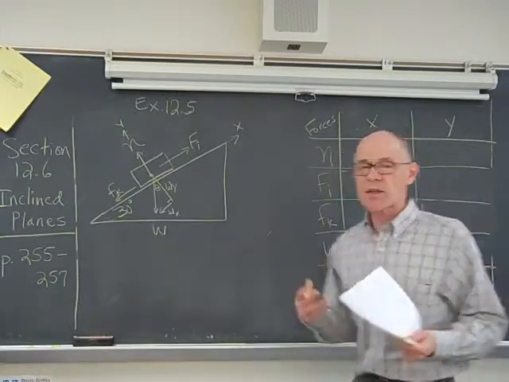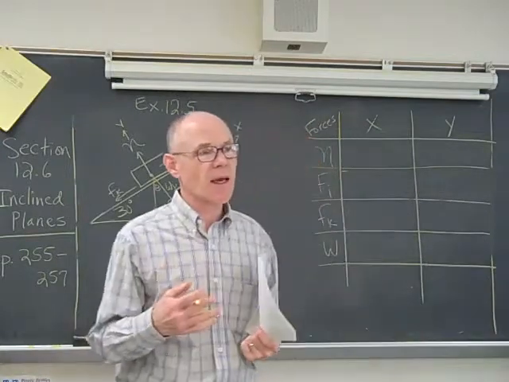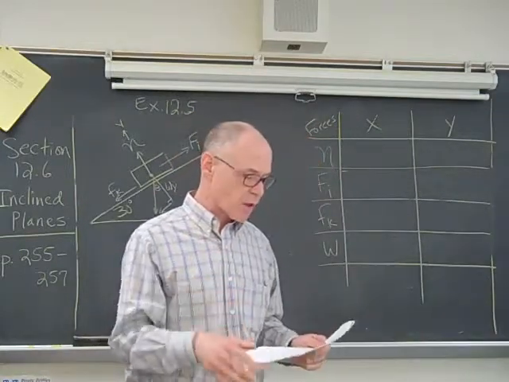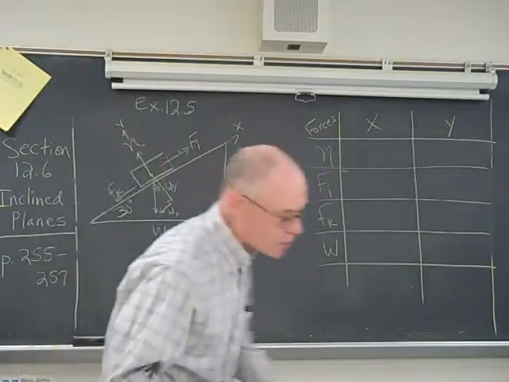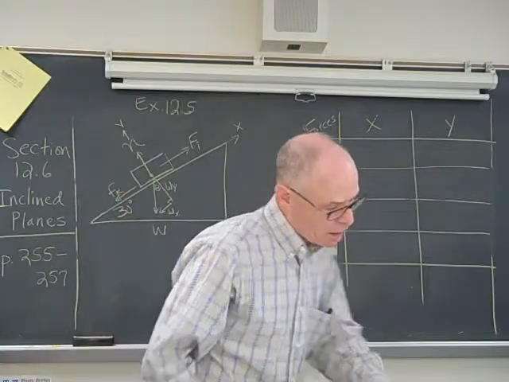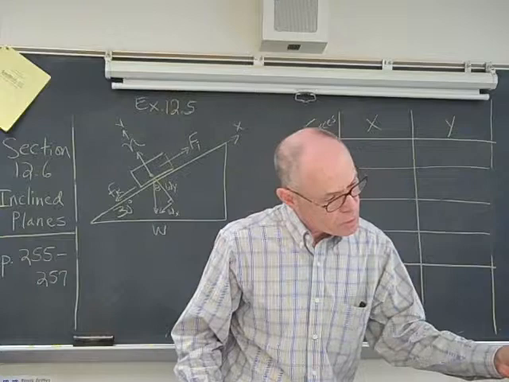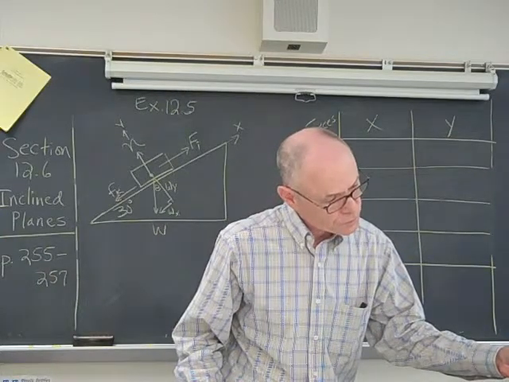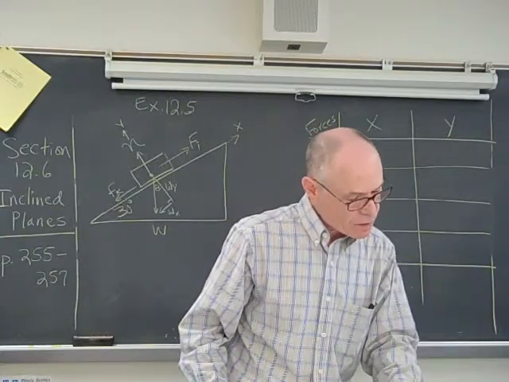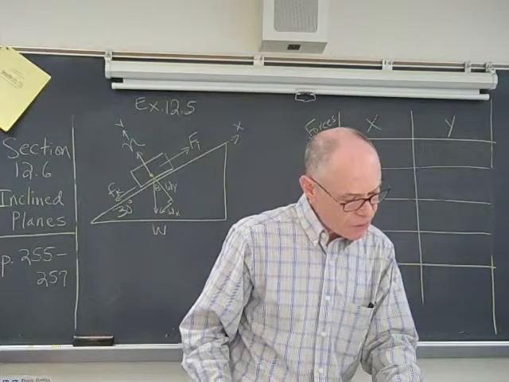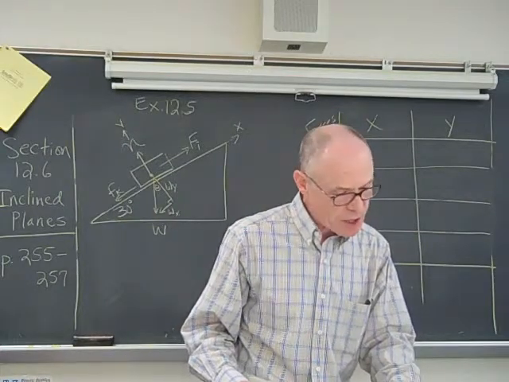All right, now this is a little bit different way of looking at an inclined plane problem than the one I just went over. So again, 12.5, I've recreated this sketch that's at the bottom, page 257. Now I'm also using a little bit different terminology.